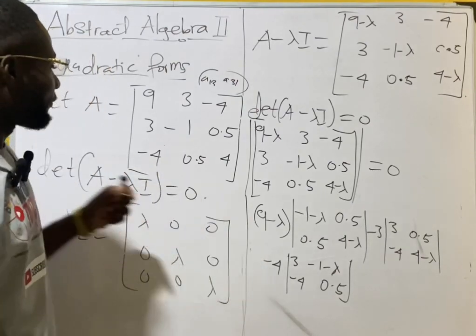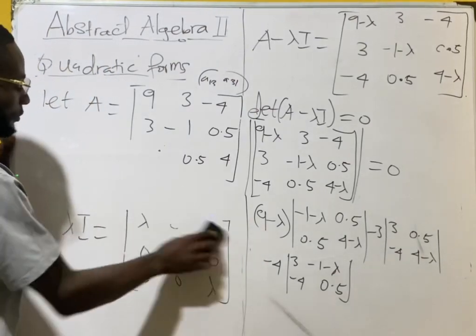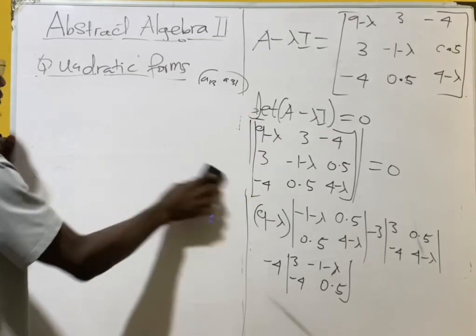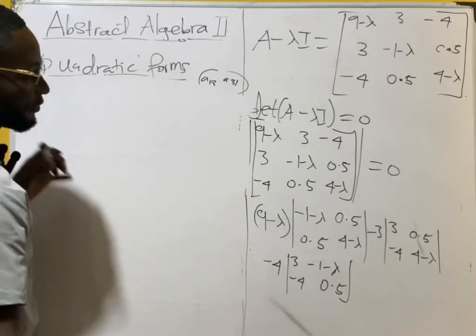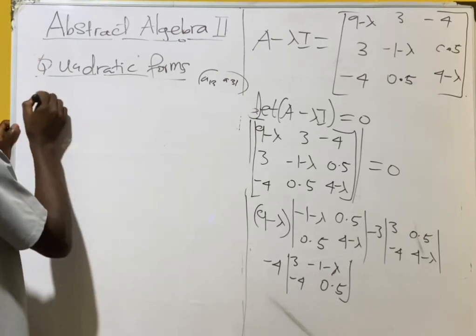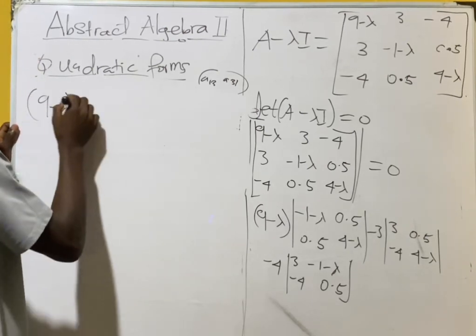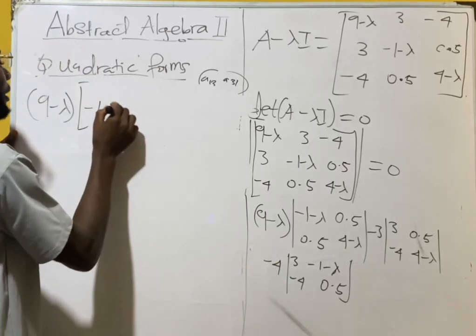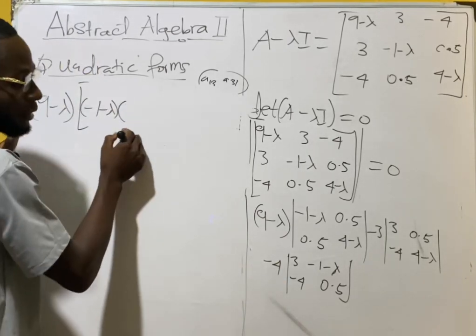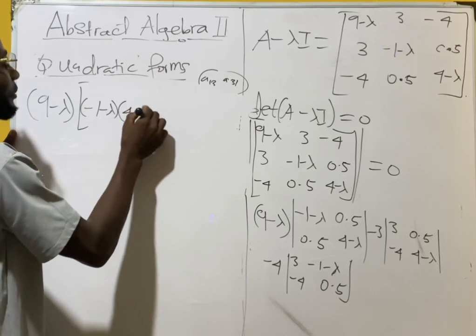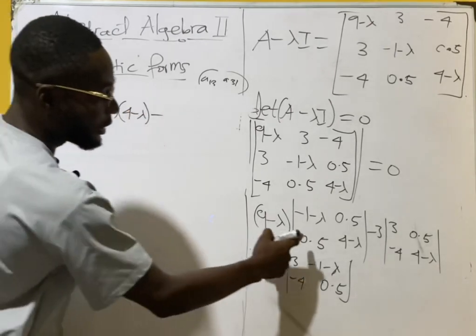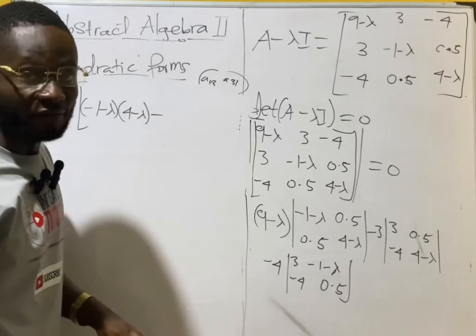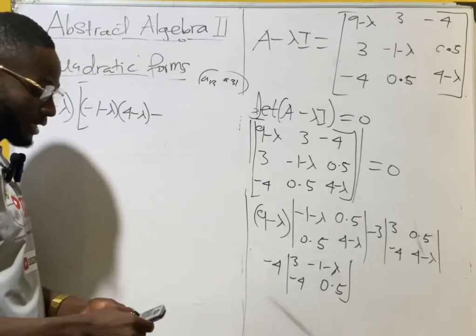So we're going to find the values of that. So we're going to have 9 minus lambda multiplied by minus 1 minus lambda, 4 minus lambda, minus this times this. 0.5 times 0.5 is 0.25, right?